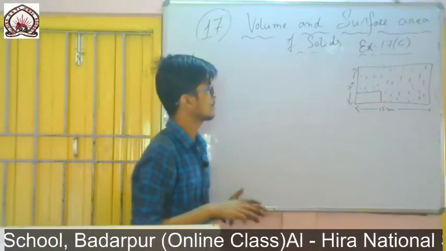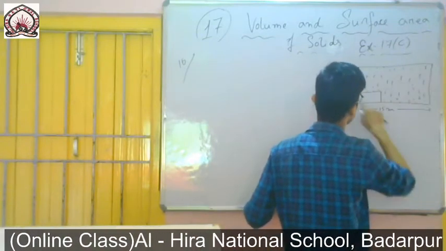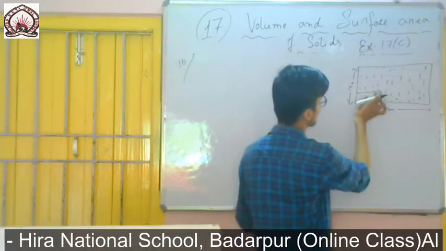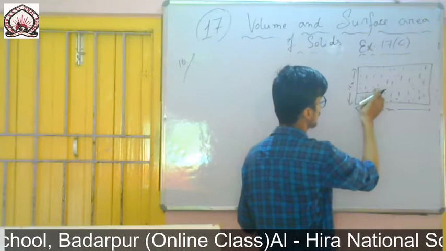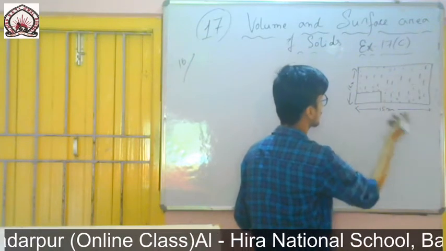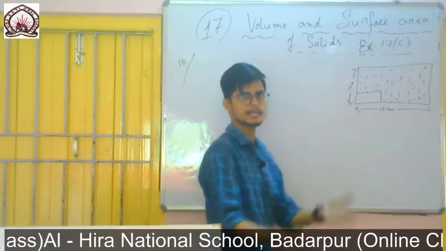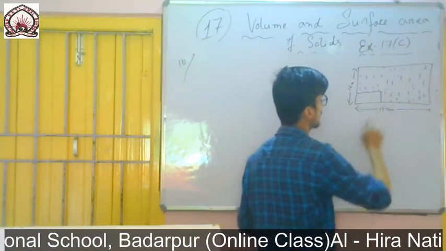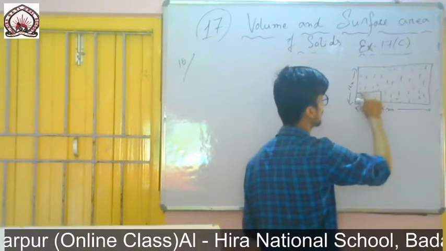First of all you see, I will find the area of this rectangular field, it is 15 into 12. Then from the pit I can find the volume, so I will get how much earth is taken out. Then the earth is spread over the remaining part, leaving this pit.